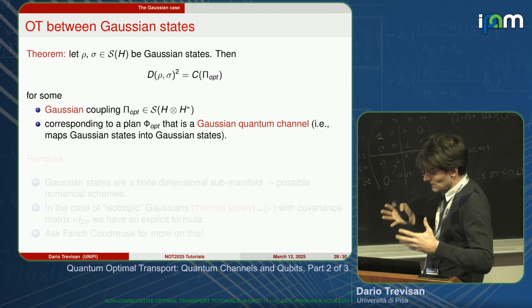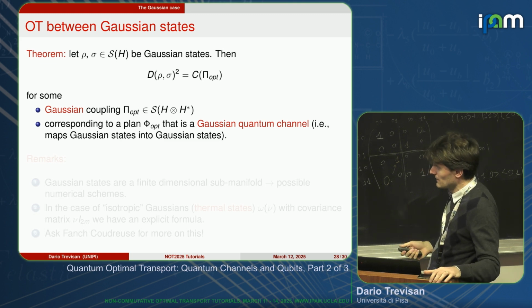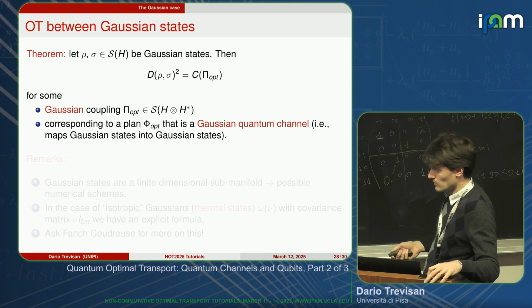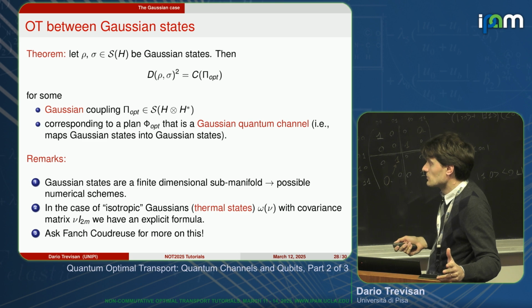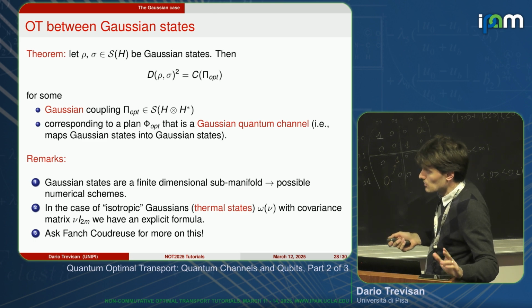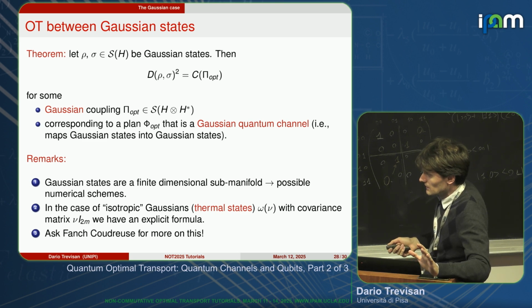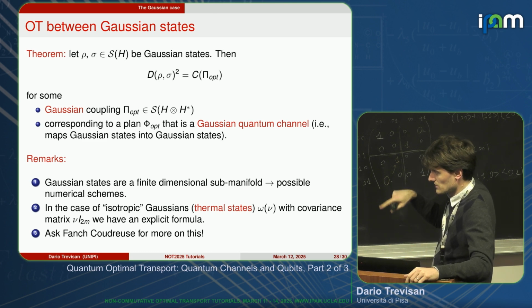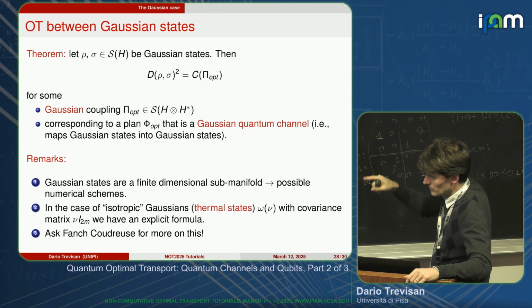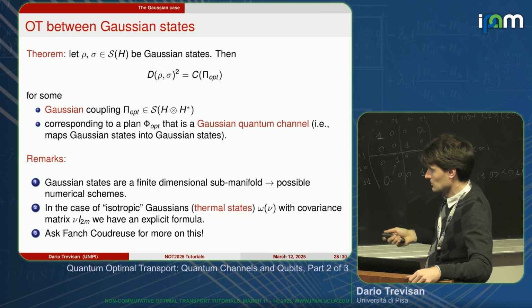So in some sense, we have at least this good family of examples in infinite dimensions that we can work out, and actually this may lead, for example, to numerical schemes, because we have formulas, for example, in the case of so-called thermal states, so isotropic Gaussians, exponential of minus beta times the number operator. And we have an explicit formula for this.